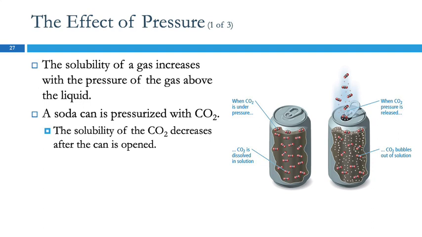Pressure has a big effect on the solubility of gases in liquids. So if we increase the pressure of the gas above the liquid, that will increase the solubility. And this is how you can sell carbonated beverages. You put it in a can or a sealed bottle, and you have carbon dioxide under pressure. And so that will cause the CO2 to have a higher solubility in the water, in the soda.